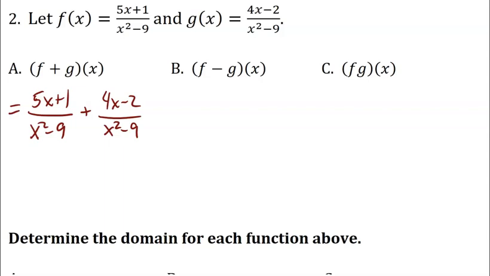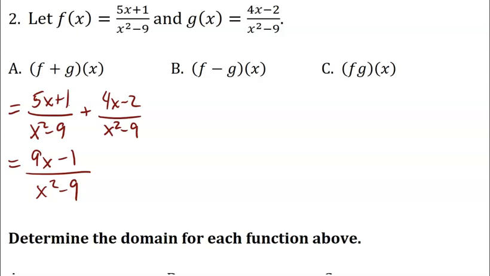When we add fractions, if the denominators are the same, then we combine the like terms in the numerators. So I have 5x plus 4x, which is 9x, and then 1 plus negative 2 is negative 1, all over x squared minus 9. Now, if there was a common factor in the numerator and denominator, I would want to cancel that out.